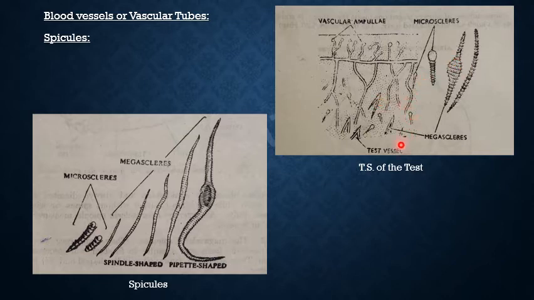And these are the spicules, which I will be doing after the blood vessels or vascular tubes. So the blood vessels and the vascular tubes form an anastomosing system in the test.